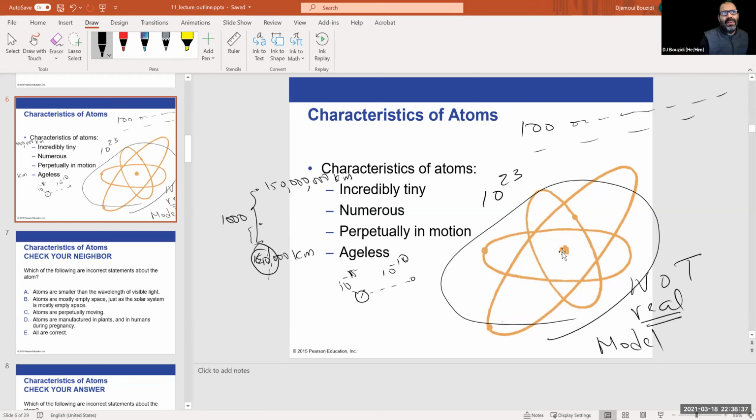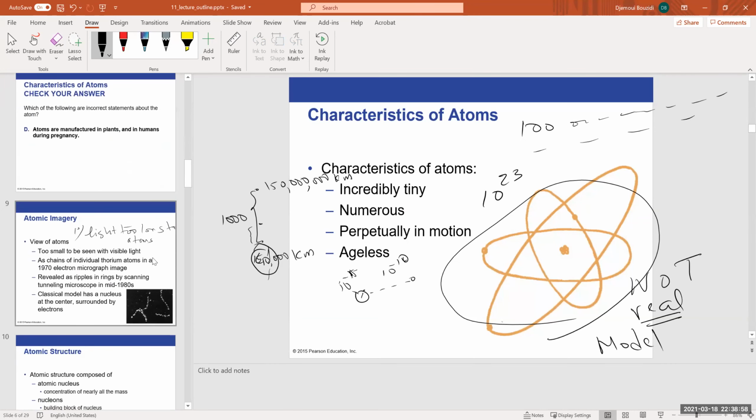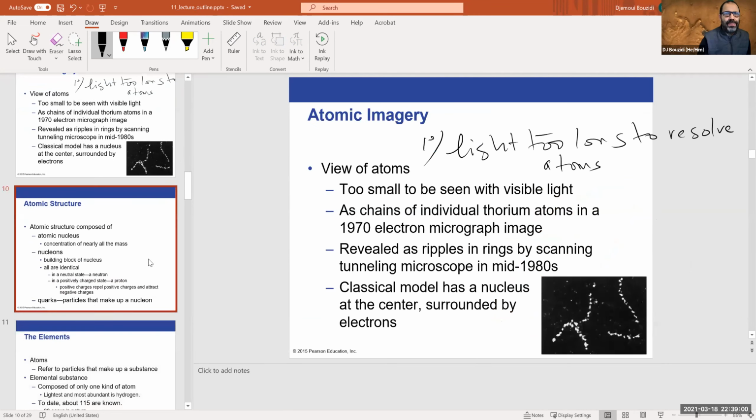No, when you are at that level, this is not true. You can't really find where the electron is. There is a cloud, if you will. There's a probability of it being in here, but not exactly there. So this is just a model, not a real picture. Does everybody understand that? Okay, very good. So this is item 1 for today.